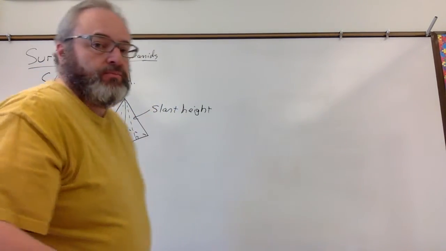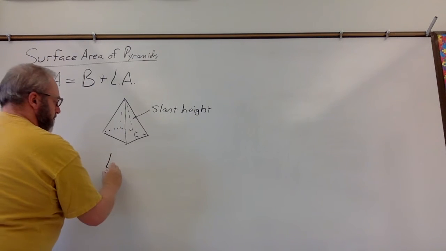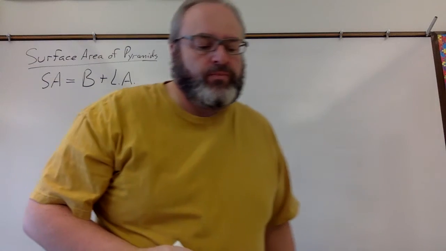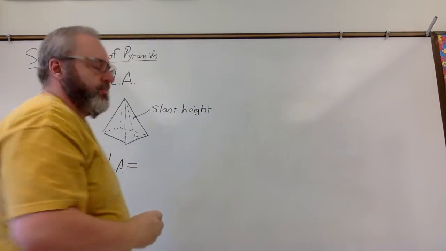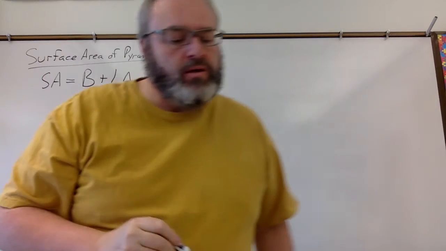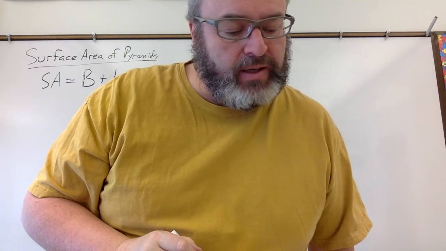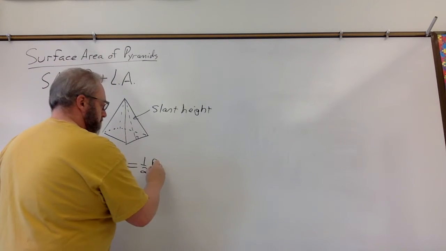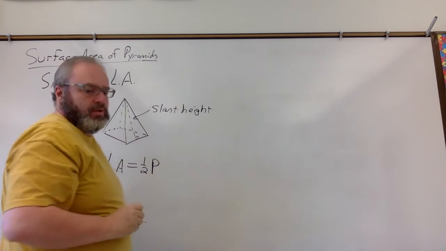Okay, so the lateral area equals 1/2 the slant height times the perimeter of the base. So the perimeter times the slant height.